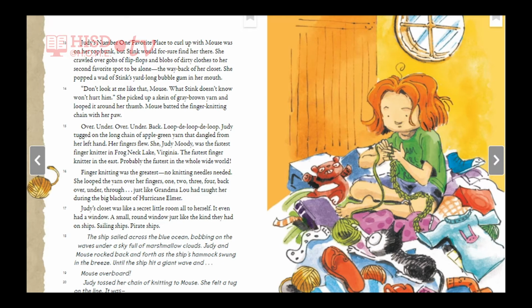The fastest finger knitter in the East. Probably the fastest in the whole wide world. Finger knitting was the greatest. No knitting needles needed. She looped the yarn over her fingers. 1, 2, 3, 4. Back, over, under, through. Just like Grandma Lou had taught her during the big blackout of Hurricane Elmer.